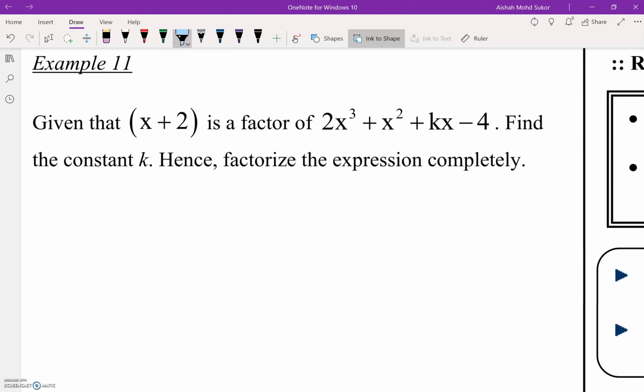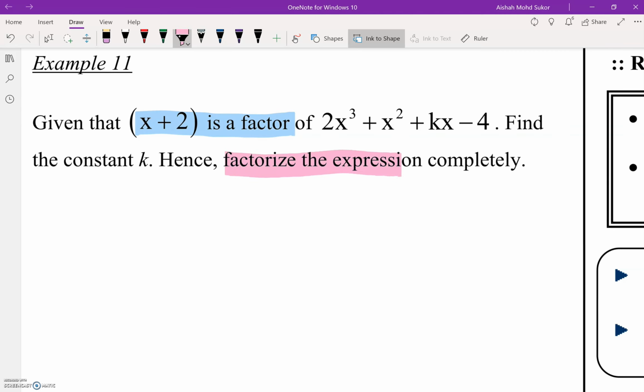Example 11. Given that x plus 2 is a factor of 2x cubed plus x squared plus kx minus 4. So first we have to find the constant k. Hence, we have to factorize the expression completely.